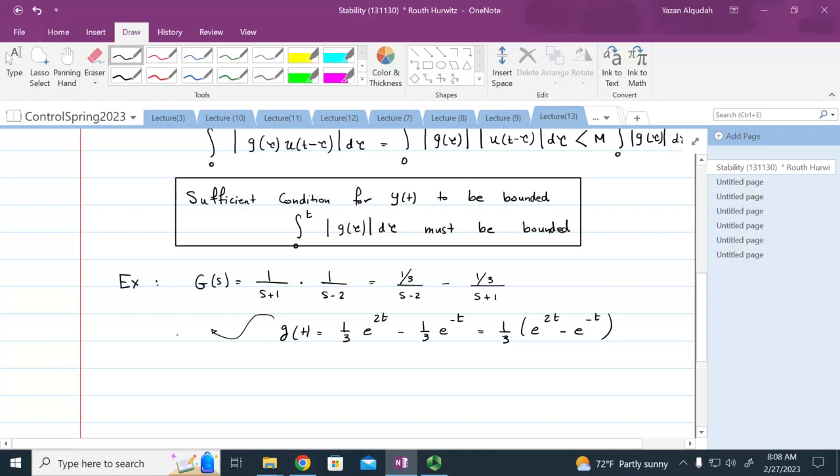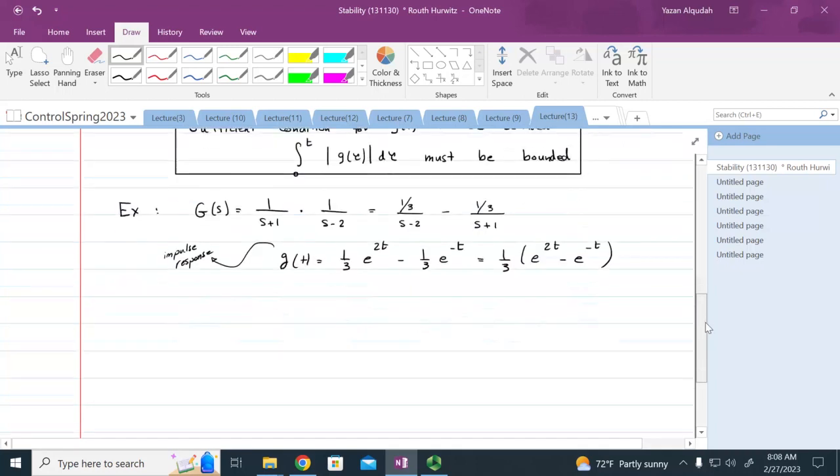This is the impulse response. Okay. So g of t of this system, g of s that has a transfer function 1 over s plus 1 multiplied by 1 over s minus 2, is given by 1/3 (e to the 2t minus e to the negative t).